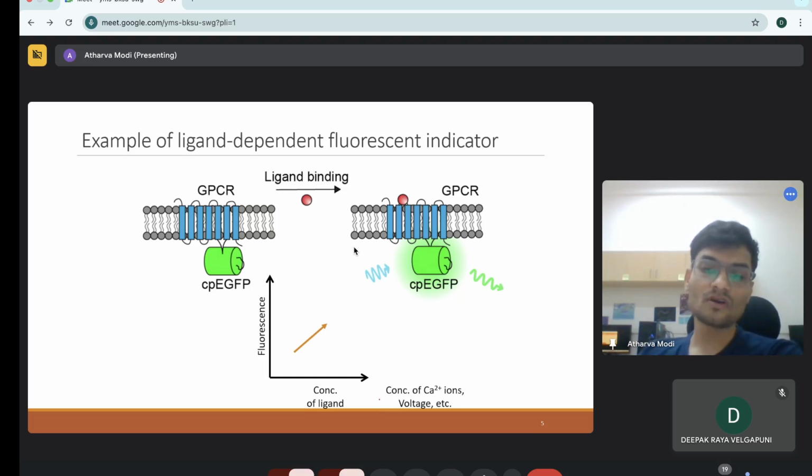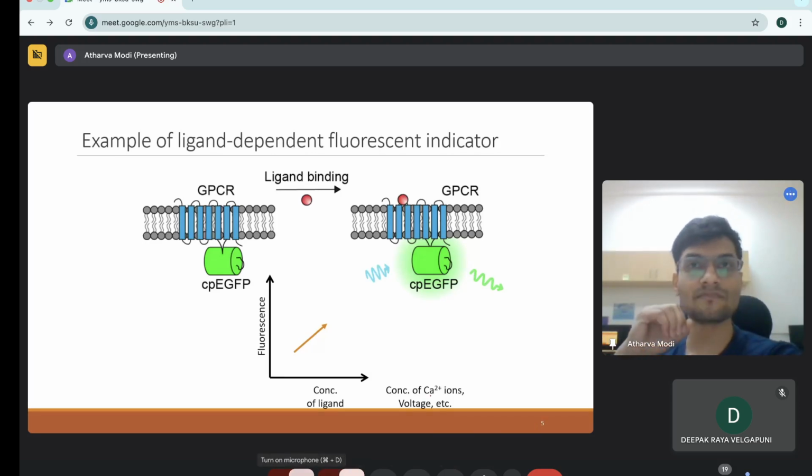So now we know that when an action potential occurs inside a cell, the calcium ions increase very rapidly inside the cell, from the extracellular space and also from intracellular membranes, like vesicles, which release calcium ions inside the cytoplasm.